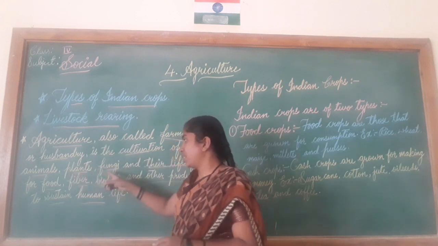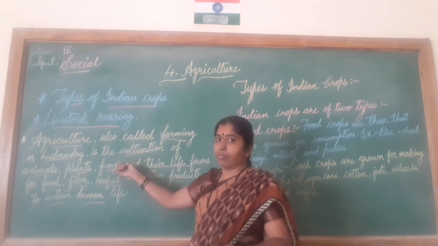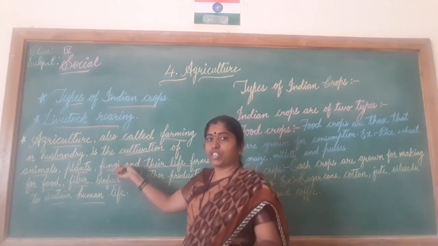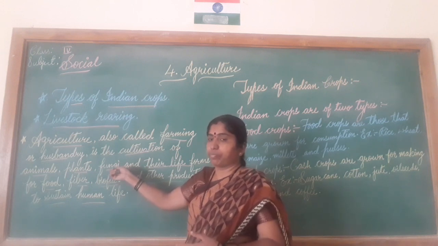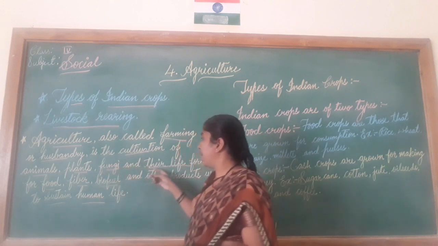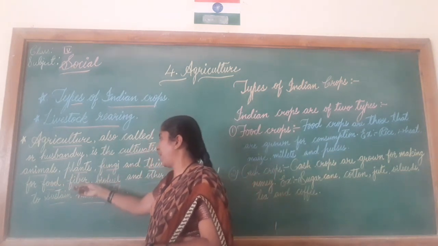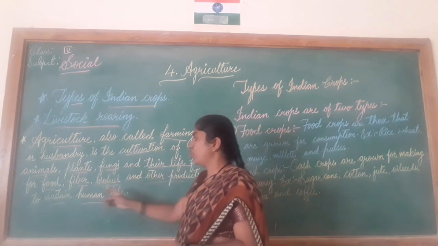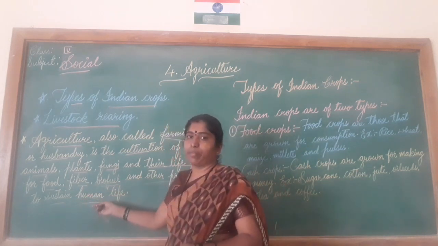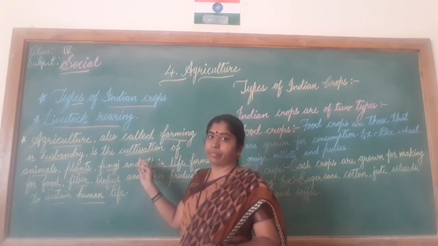Then plants, fungi. We can say mushrooms and all. These are organisms which feed on organic products. We grow fungi and other life forms for food, fiber, biofuel and other products used to sustain human life. So why do we do all this?